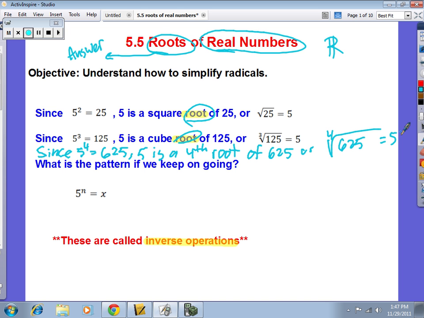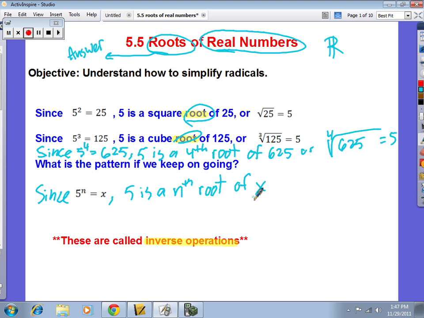So let's do this. What about 5 to the n equals x? So here we go. Let's write since 5 to the n equals x, 5 is an nth root of x.